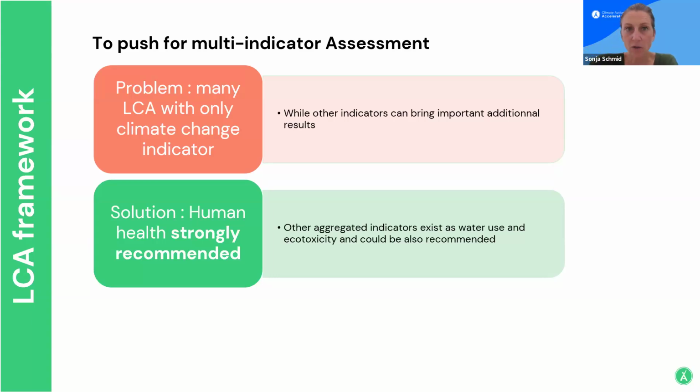Why human health? The human health indicator is an aggregated indicator of different impact areas that affect human health. And given that, in the humanitarian sector, the idea is to support beneficiaries and to provide them with aid or essential services, the idea is then not to have adverse impacts on populations through the services that are provided.